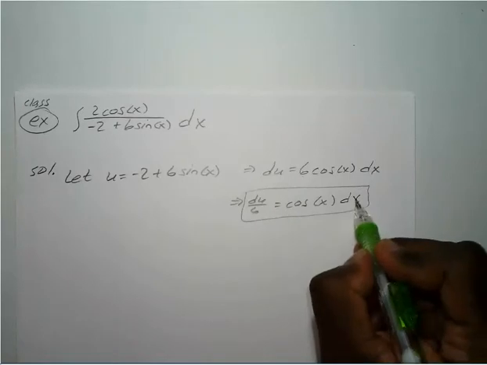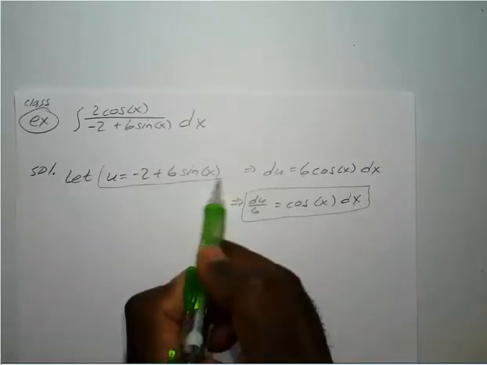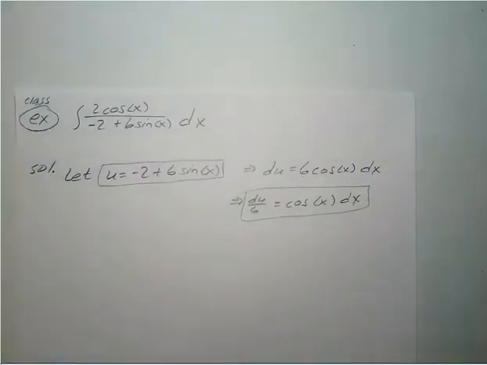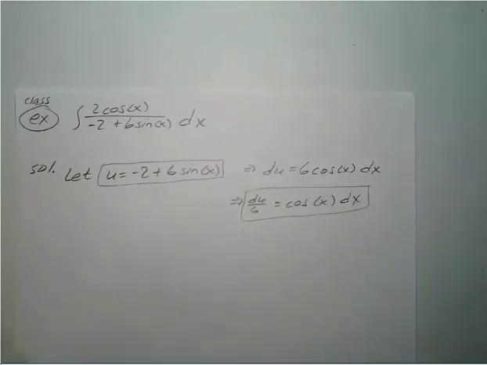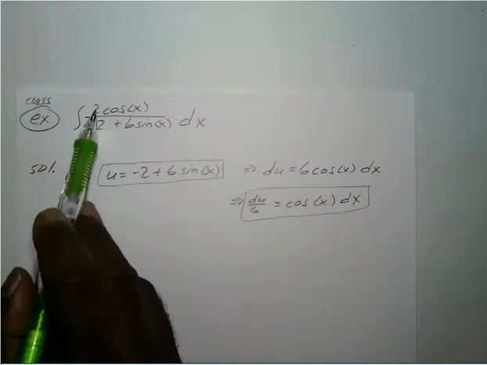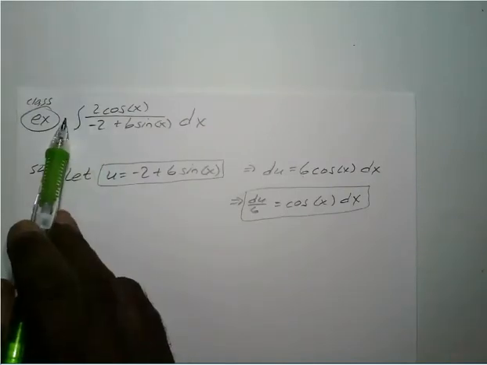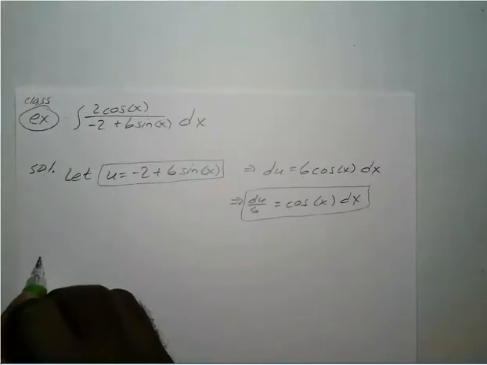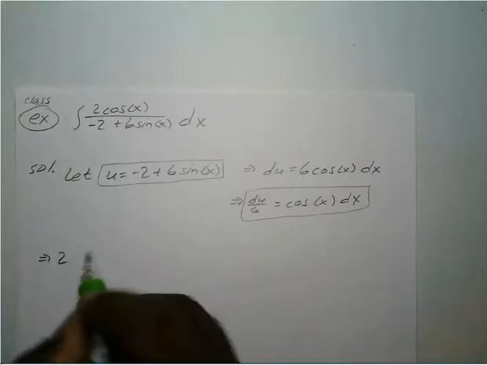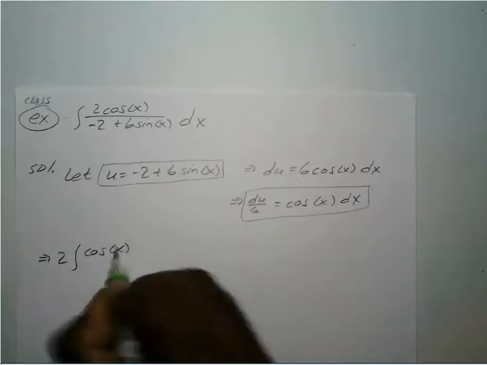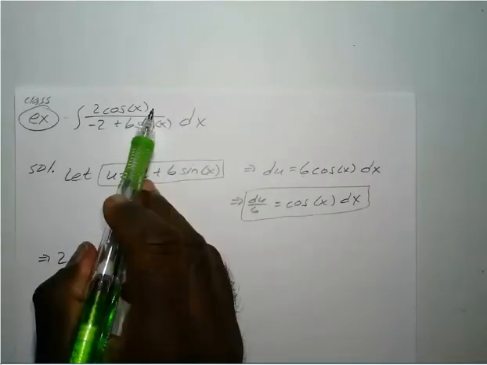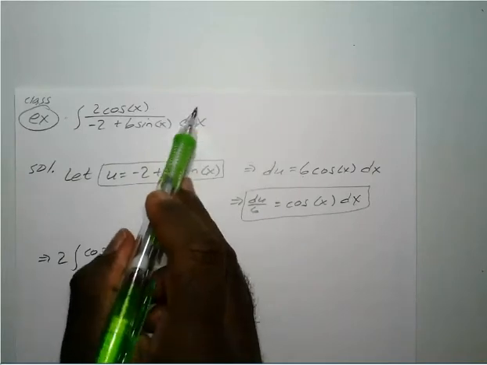Go ahead and clean up both of those. Now we have those marked off because we're going to use them both. We're going to get that 2 in the numerator and bring it out to the front. So we have 2 times the integral of cosine of x dx, and I'm going to bring that dx up top, because dx is the same as dx over 1.